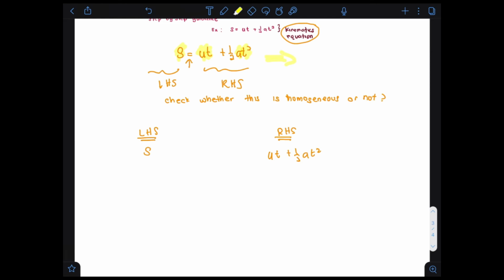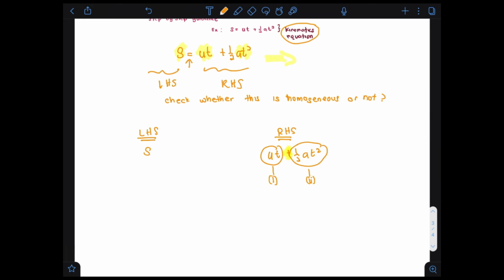Okay, so kalau kita tengok dekat sini, kita ada proses penambahan dekat sini pada equation di belah kanan. Okay, so this splits your equation. Dia pecahkan expression dekat sini sebagai dua part. So you're going to have UT here as part 1 and half AT square as part 2 dekat sini.